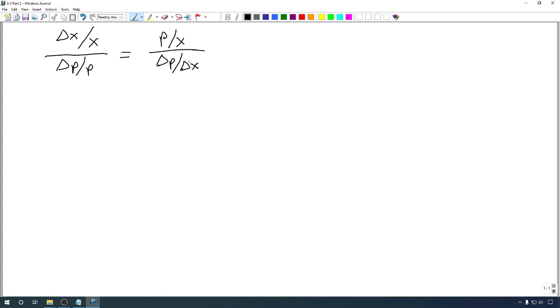And it might seem a little weird to write it that way, especially since the delta x was on top in the first place. But this delta P over delta x, as long as we think of delta x as being really small, is approximately the derivative of P with respect to x. So this is approximately P over x over the derivative of P with respect to x.